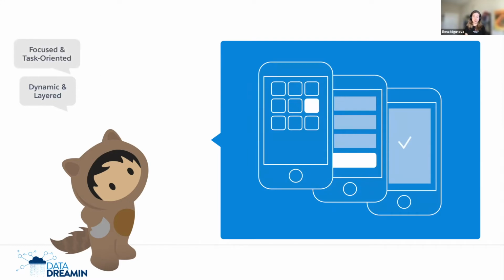It's task focused and oriented. Basically, what it means is every screen of this app is targeted to serve a certain purpose and deliver on a certain task. It's device appropriate, so it doesn't matter if you access it on your phone, your iPad, or your laptop. The experience will be optimized and it'll be easy to use.